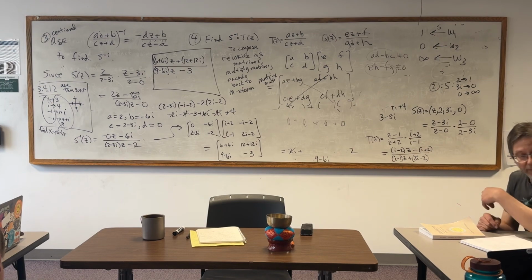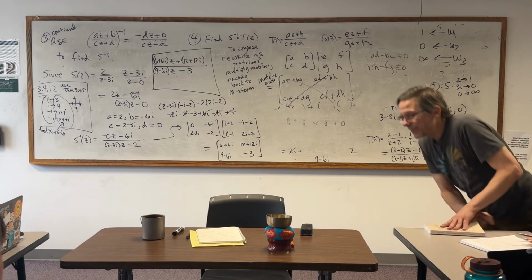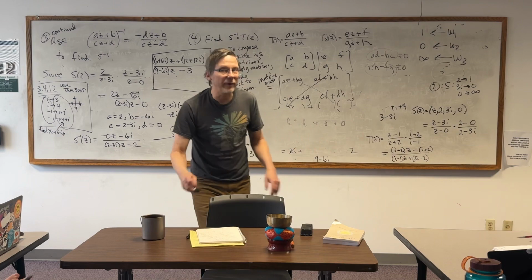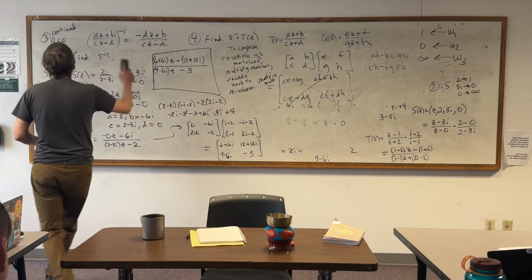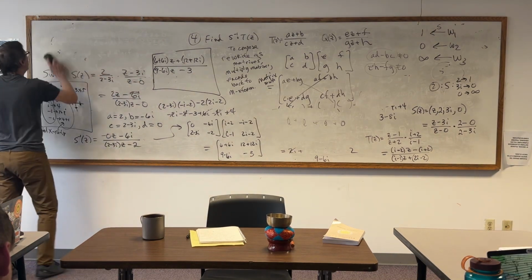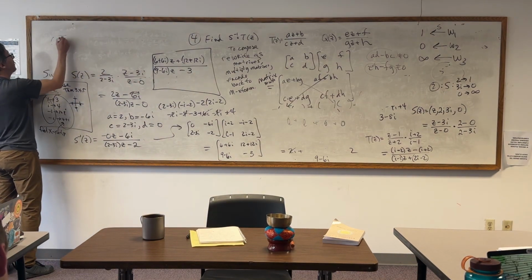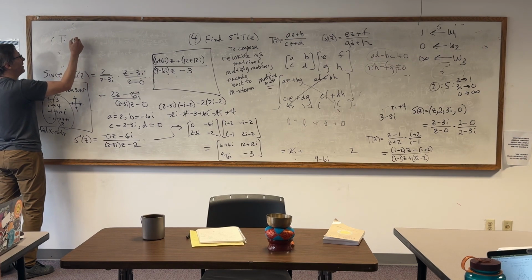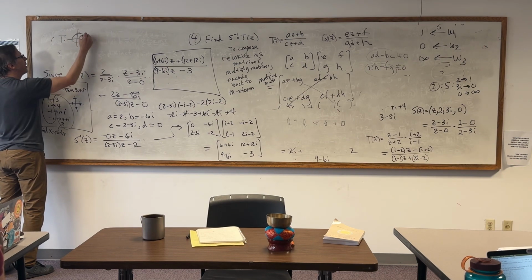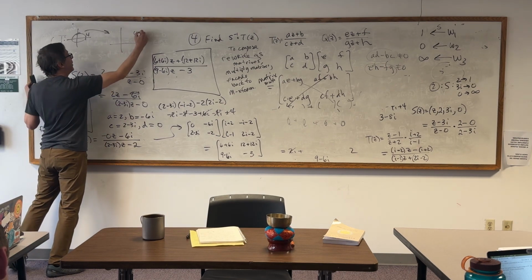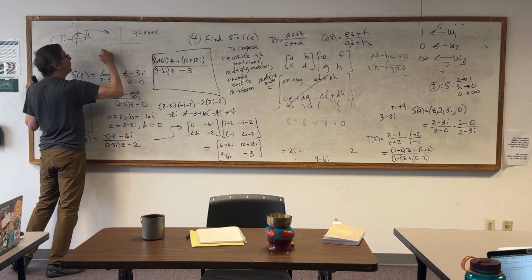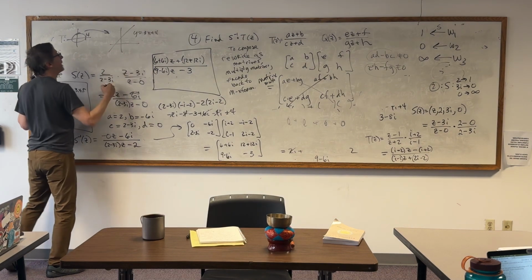Let me give everybody a hint on that one. On 3414, you are asked to find a Mobius transformation that takes the circle of radius 4 onto the line y equals 3x plus 4, or something like that.